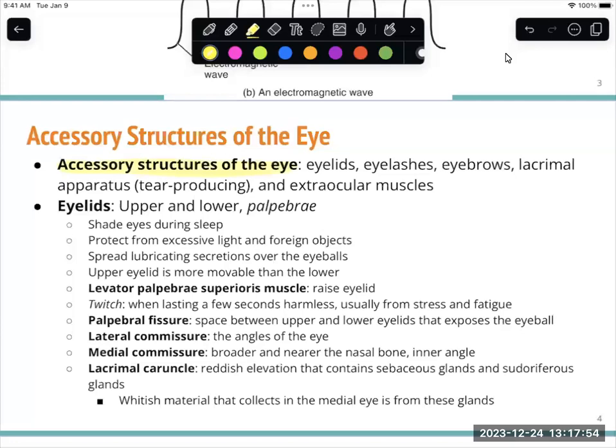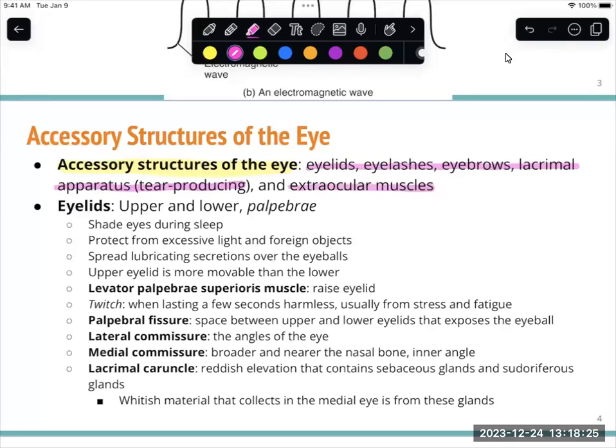So we have eyelids, eyelashes, eyebrows. We have a lacrimal apparatus, which is what makes tears. And then we have 6 muscles that attach to the outsides of our eyeballs. This is what allows you to move your eyes to be able to see and read.